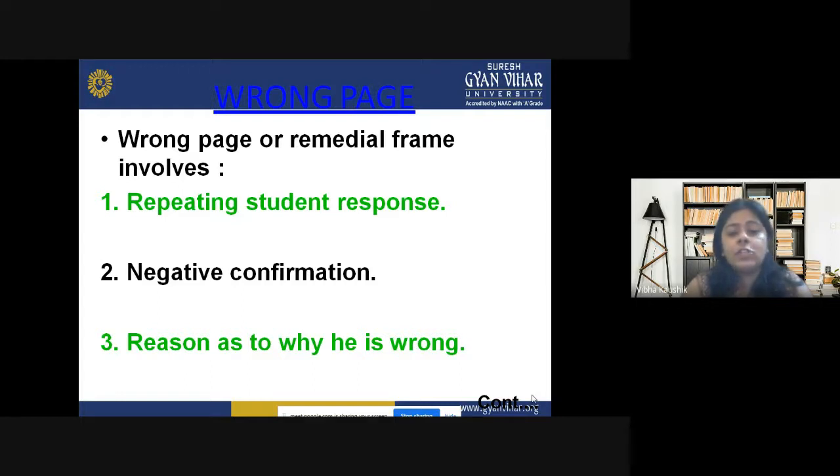Then negative confirmation, the reason why he is wrong, the reason why he has given the wrong, incorrect response.